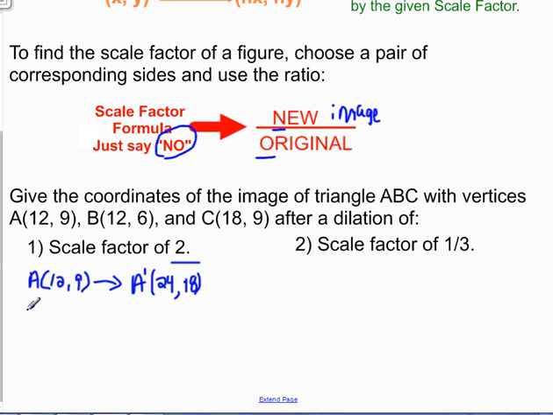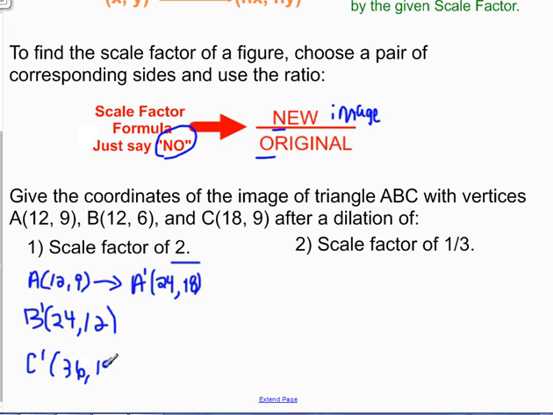Then with B, the image of B would be 12 times 2, which is again 24, and 6 times 2, which in this case is 12. And then my image of C would be 18 times 2, which we know is 36, and 9 times 2, which is 18.